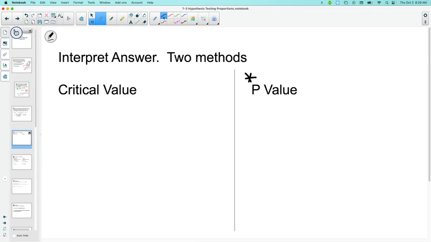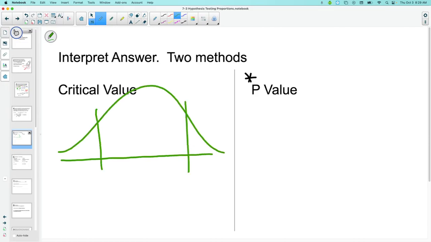Essentially, what the critical value method is saying is we're going to take a look at that picture that we drew before. We said our critical values were here, with 2.5% on either side. Does that make sense? This is what we drew before; I'm just redrawing it.